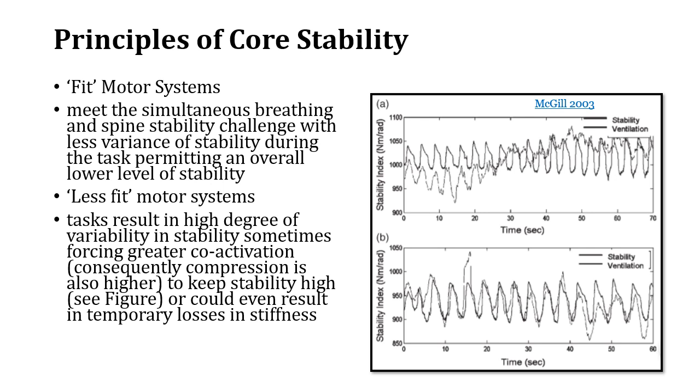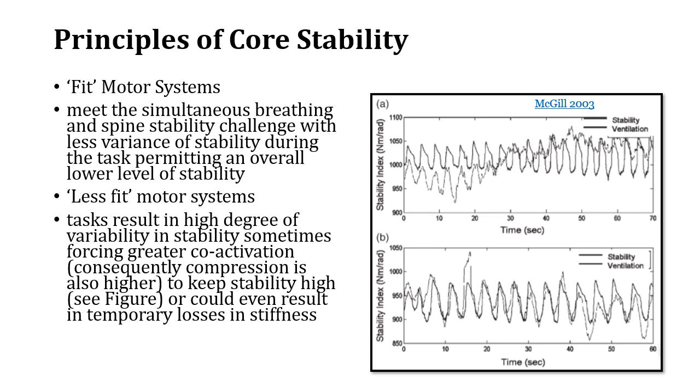Okay, so McGill describes a fit motor system versus a less fit motor system when it comes to the spine, and particularly the low back, and how we as humans can have sufficient and therapeutic stabilization and stiffening without compromise. In his fit motor system model, we simultaneously breathe and meet the spinal stability challenges of a particular task with less variance of stability during that task.